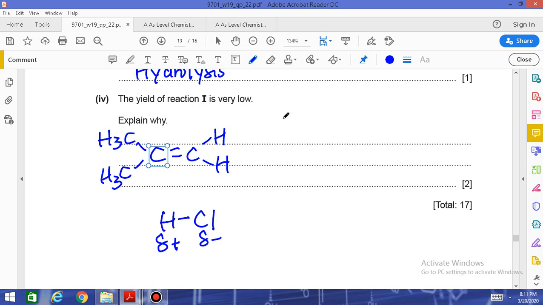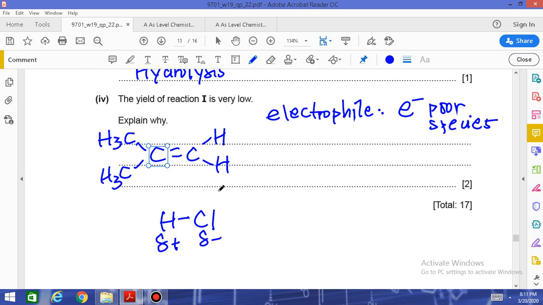Electrophilic addition, so an electrophile is added. An electrophile is an electron poor species. There is a C double bond C here, so it contains sigma and pi bonds.